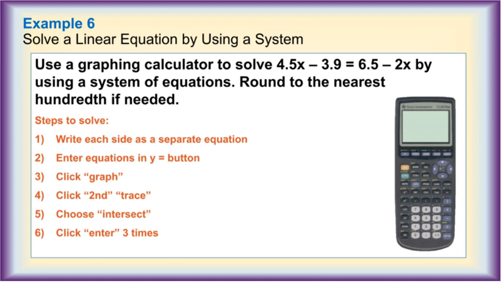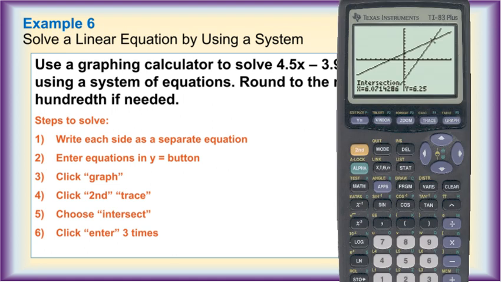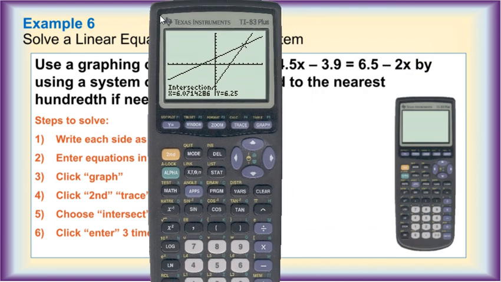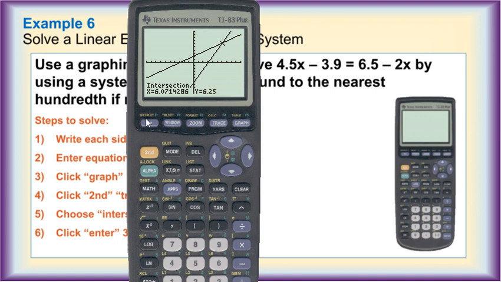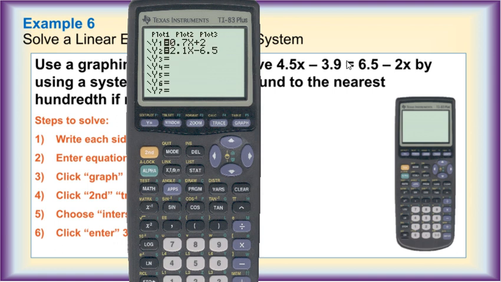Next, solve this one with a graphing calculator. So let's move this over a little bit. For these, each side is an equation. So this is an equation, here's the other equation. So I have 4.5x minus 3.9, and the other one would be 6.5. Actually, let's delete that.